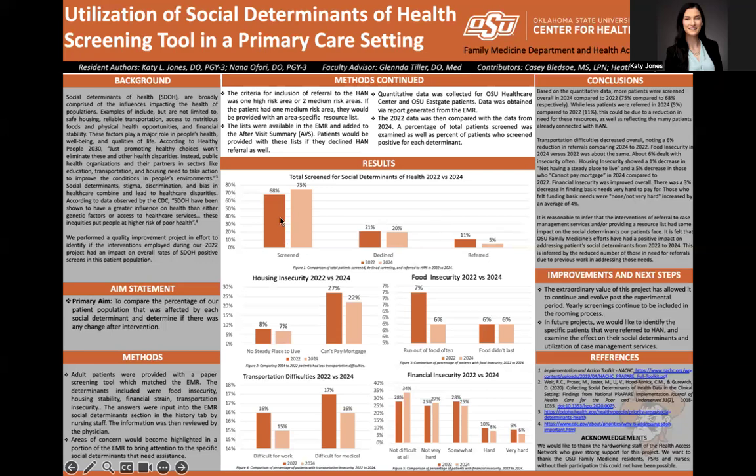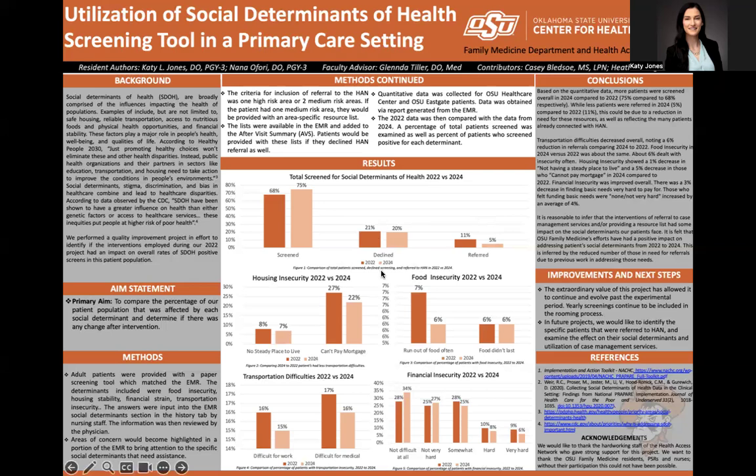Overall, 2022 is here in orange, and then 2024 is in the salmon color. We have more patients that were screened overall, and less patients, about 1%, that are declining. And if you look over here at the amount of patients that were referred, we see less patients referred overall, but we are thinking that that is related to the fact that many people have been previously referred, and we're not needing to utilize them quite as much as we did in the beginning.